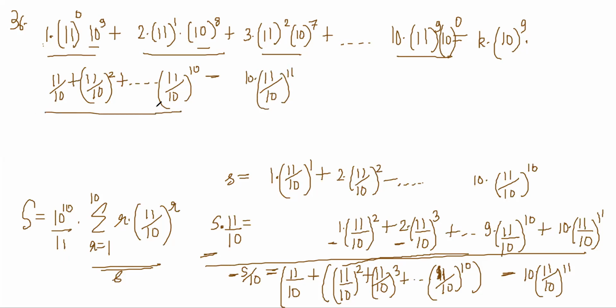The first term is 11 by 10, R is 11 by 10, so R power n, how many terms are there? 10 terms are there, 1 to 10 powers.